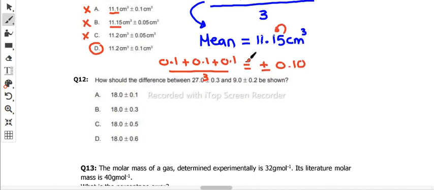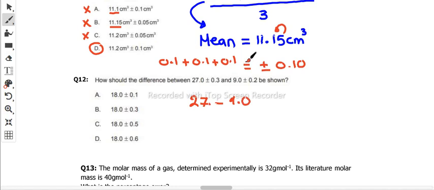Continuing with question number 12. How should the difference between 27 plus minus 0.3 and 9 plus minus 0.2 be shown? The difference, so I need to subtract 27 minus 9.0.